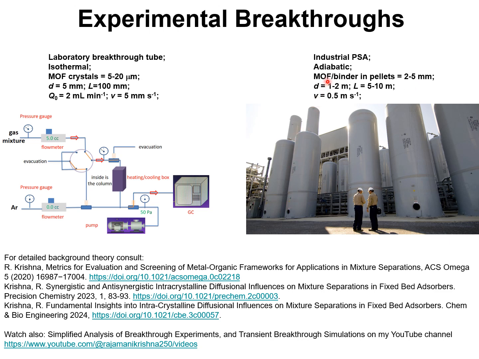The MOFs would have to be incorporated into binders and pelletized for use in such industrial PSA units that have diameters perhaps in the range of 1 to 2 meters, and the height of the fixed bed adsorbers may be of the order of 5 meters.